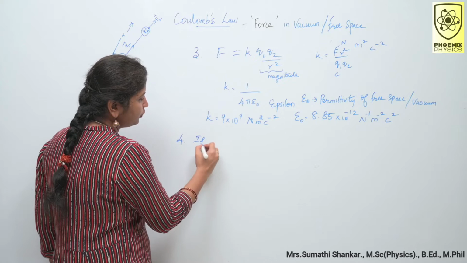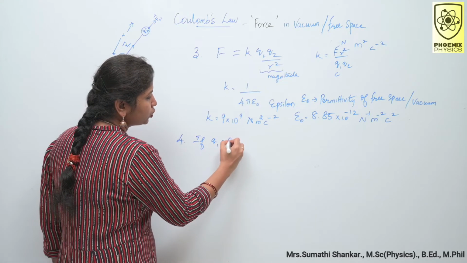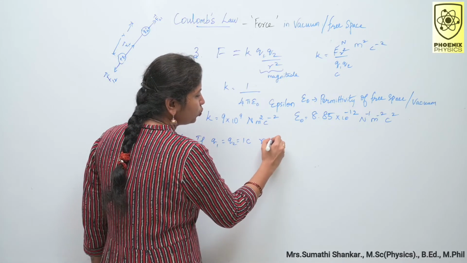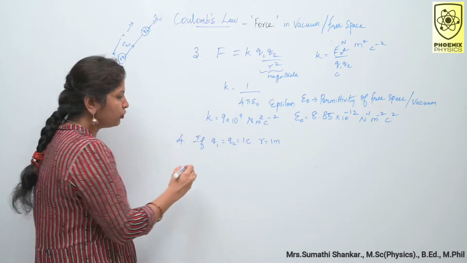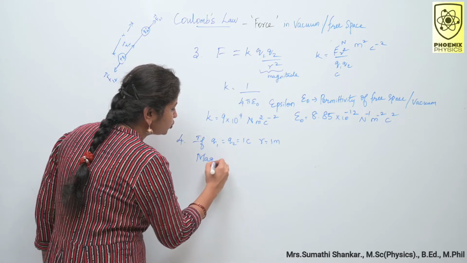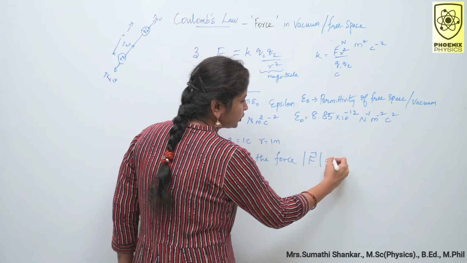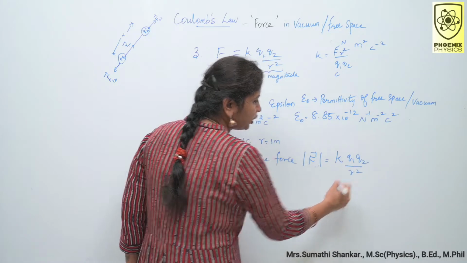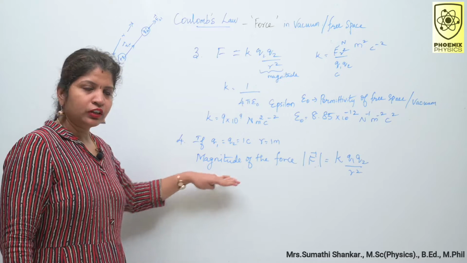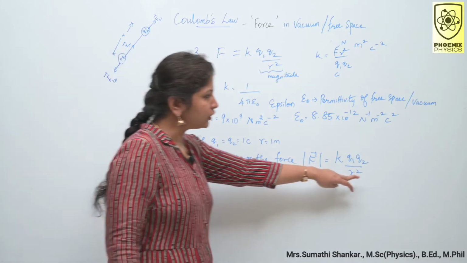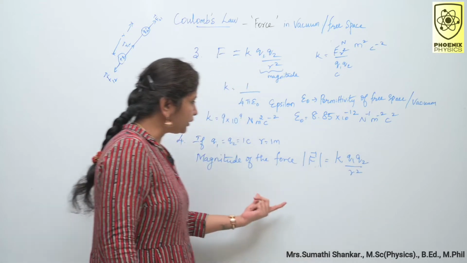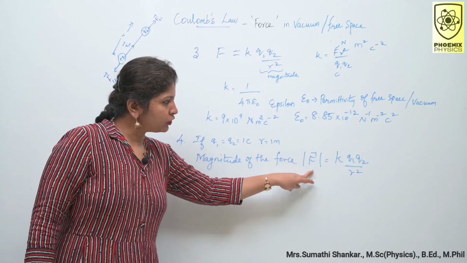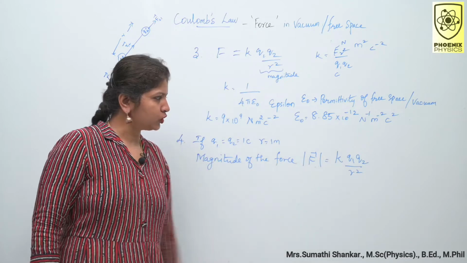Suppose Q1 equal to Q2 equal to 1 Coulomb and R is equal to 1 meter, then how do you find out the magnitude of the force? That is K into Q1 Q2 by r square. This is the formula for magnitude alone. If it is vector format, you should mark the unit vector also. But here I have taken only the magnitude of the force. So F is equal to K Q1 Q2 by R square.